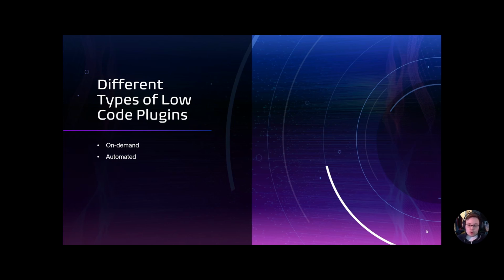These types of low-code plugins only have one parameter, and that is the data row on which the event was triggered. So unlike the on-demand plugins, and again, we'll see this when we look at creating them, they only take one input. So those are the two different types of low-code plugins and how they differ.